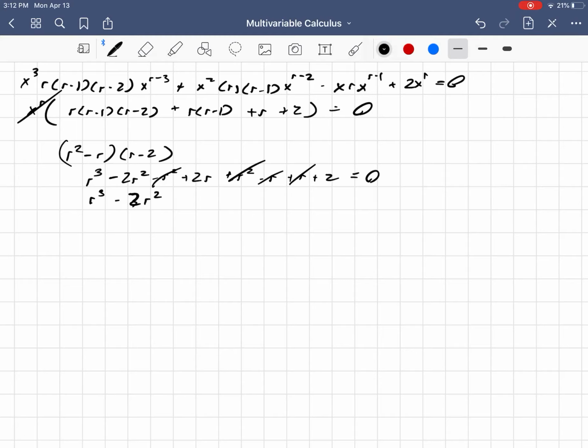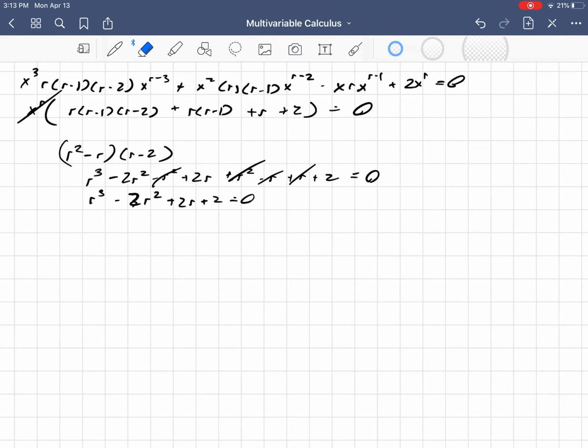So r cubed, a minus and a plus, those go away. Minus and a plus, those go away. Well, that wasn't as bad. Minus 2r squared plus 2r plus 2 equals 0.